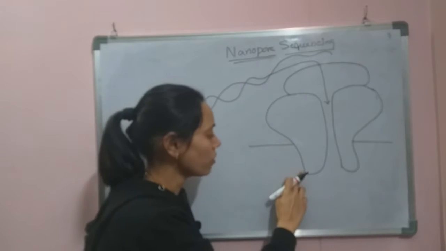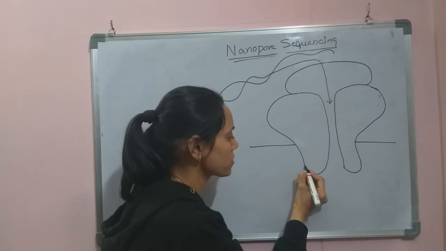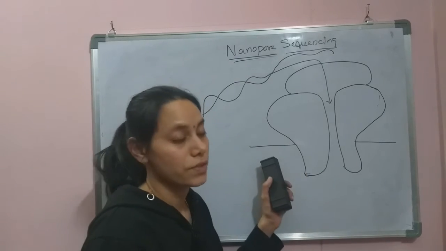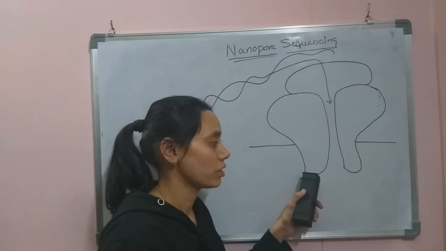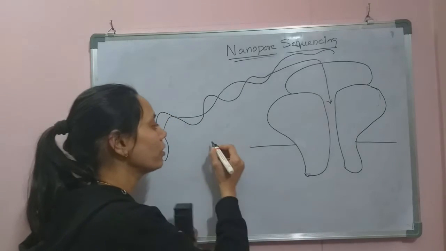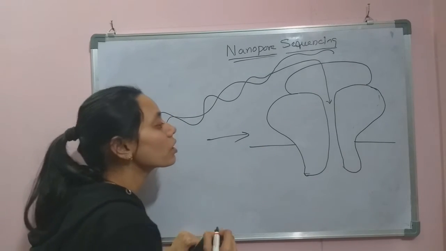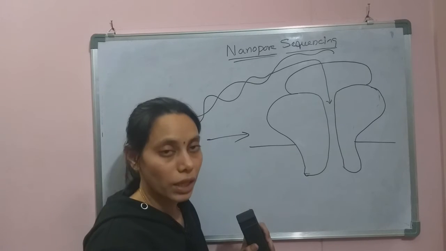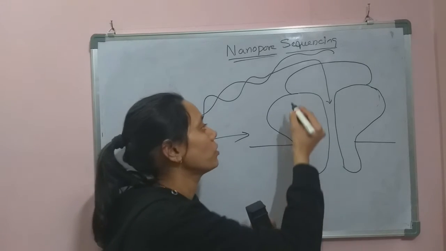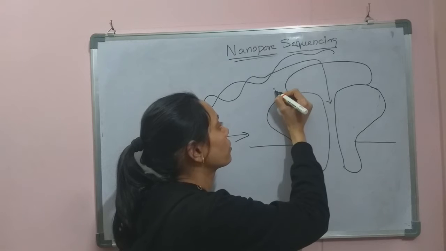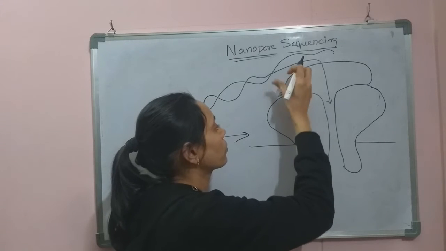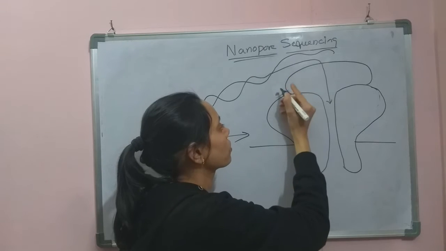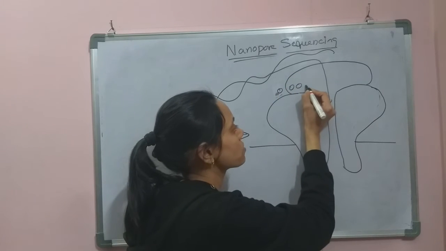So basically, as we already discussed, this is an electrically stable membrane, and it is fused with the nanopore, and an electrical current is applied across the membrane. Due to the electrical field application, the ions will be, okay, let us draw like this.